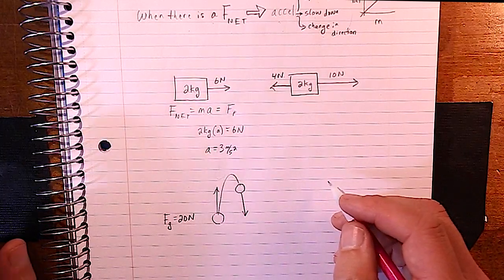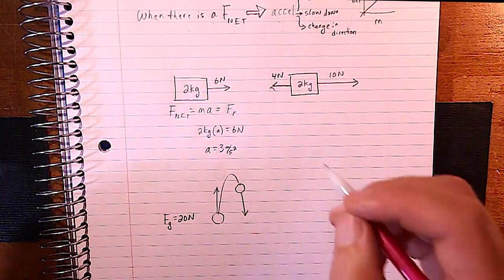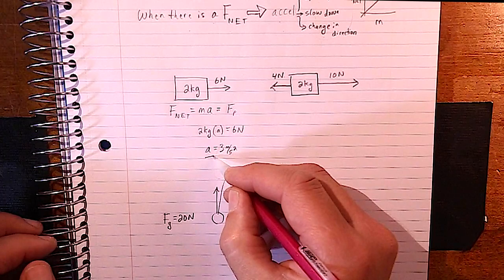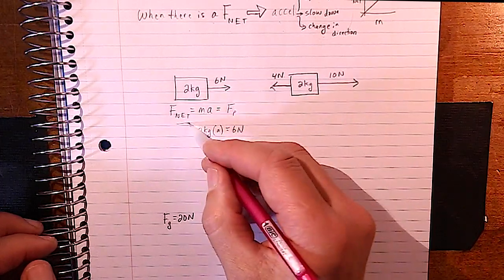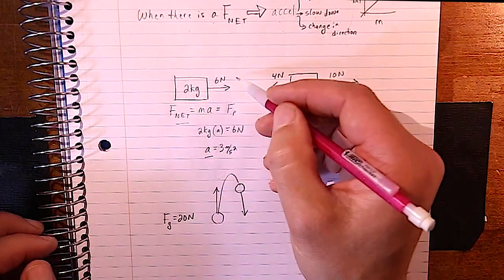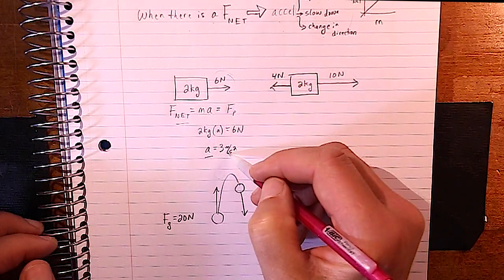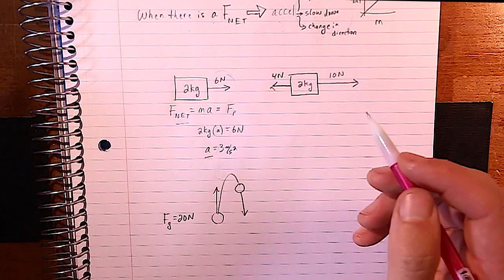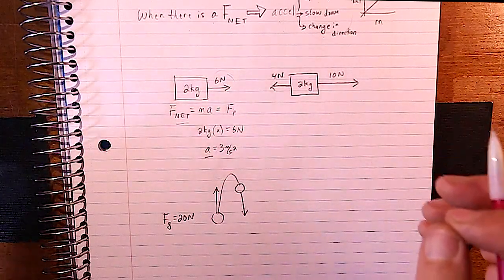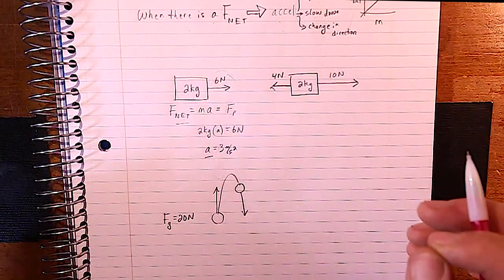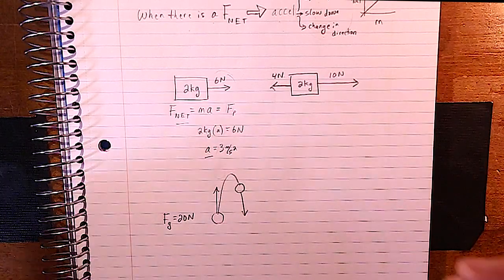Another important part of this is that the direction of the acceleration is always in the direction of the net force. In this case, the net force is to the right, so the acceleration is to the right. We have to add one more part that's tricky, that often doesn't get tested, but it could come up.